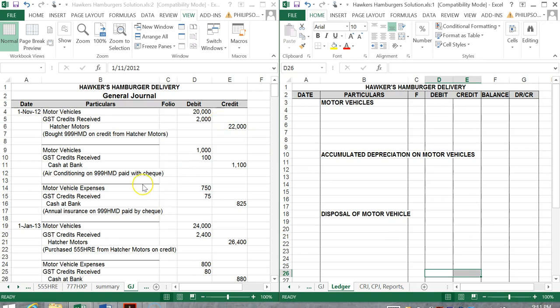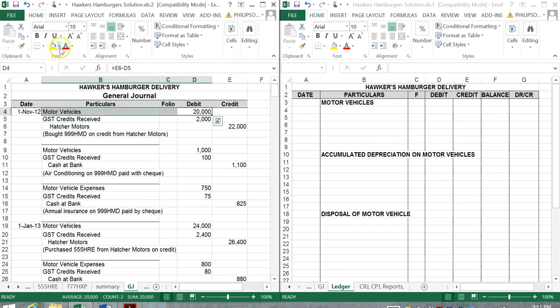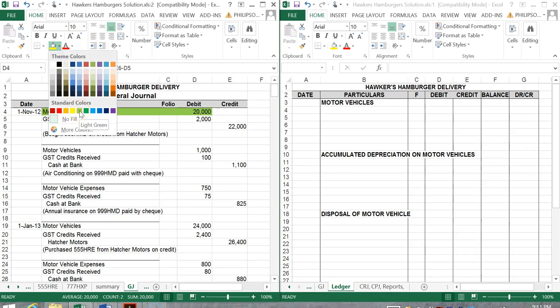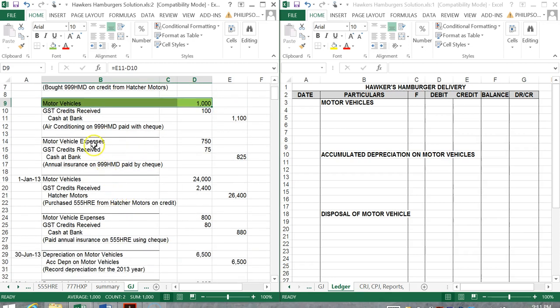So probably the best thing to do first of all would be to run down the list and just highlight for your own benefit which ones we're going to be posting to. Anything that involves motor vehicles or accumulated depreciation or disposal. So just that one, this one here, no, this one here, no. Okay, accumulated depreciation, we're going to post that one.